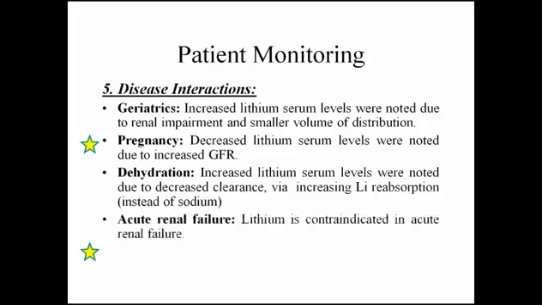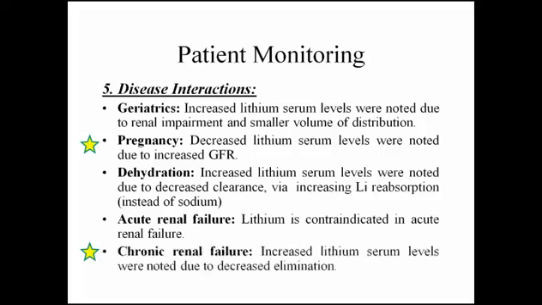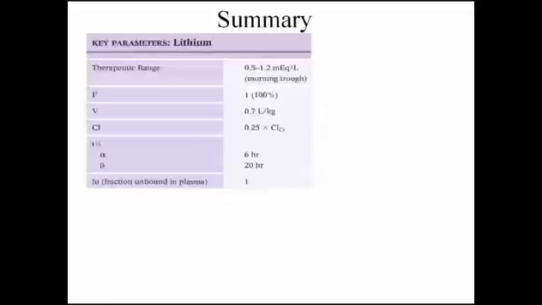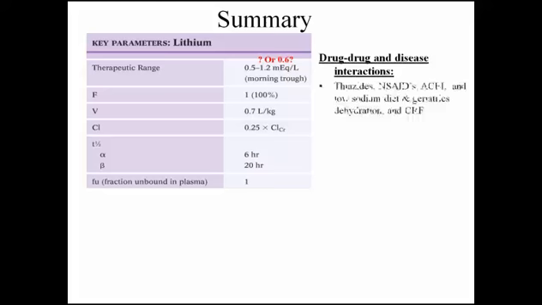Acute renal failure is a contraindication to lithium use, and chronic renal failure results in reduced elimination. In summary, these are the population parameters. Some people say start at 0.5 instead of 0.6. Drug and disease interactions are significant, and you need to be aware of this.